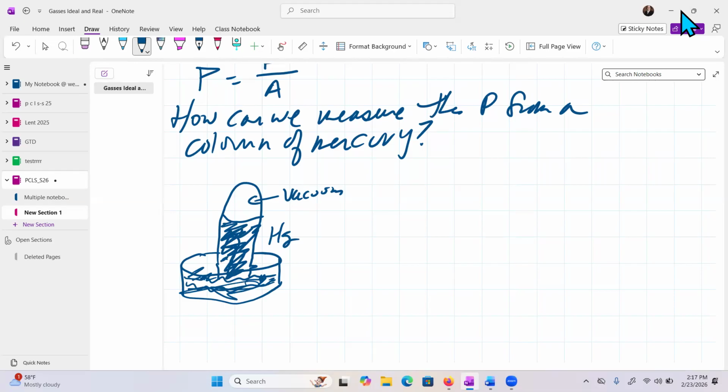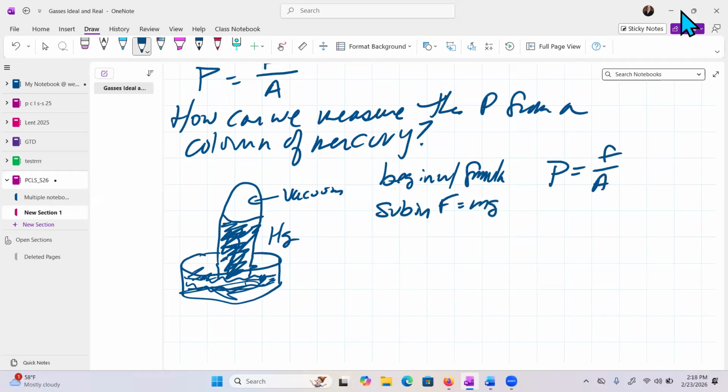All right, so now let's begin with the formula. Pressure equals force per unit area. We already said that. Now the next thing I'm going to do is sub in force equals mg.